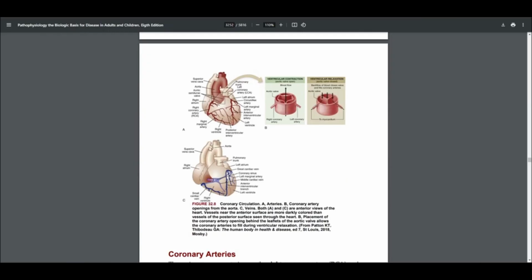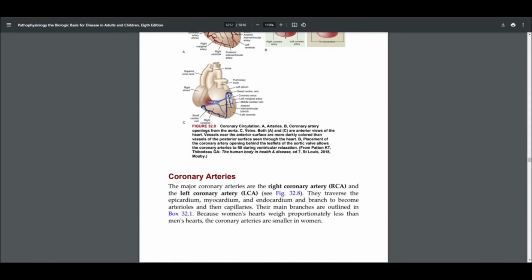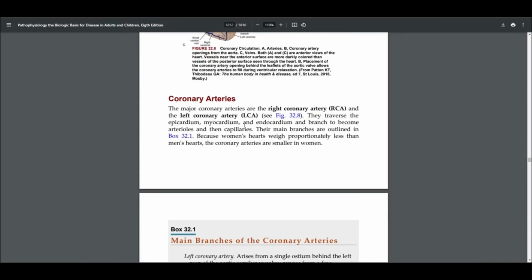This is where you see that the heart is cruel. Most of the oxygenated blood actually goes right back to the heart to keep it pumping. The coronary arteries. The major coronary arteries are the right coronary artery, the RCA, and the left coronary artery, or LCA.